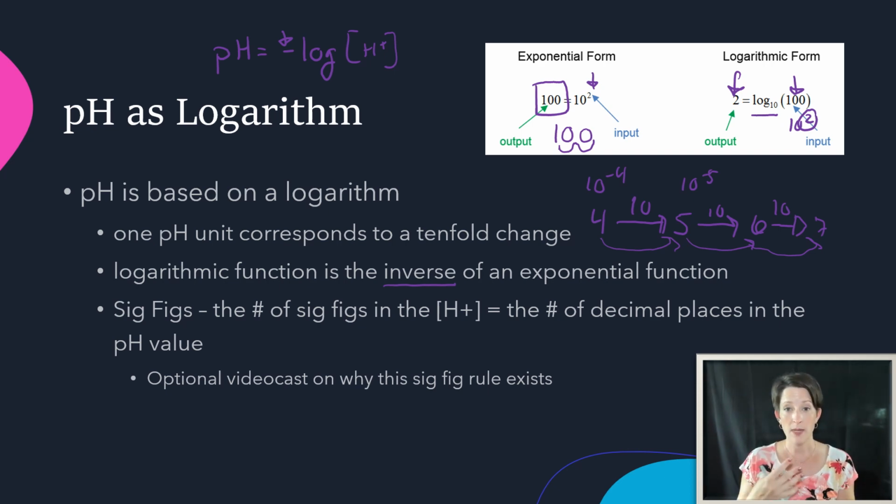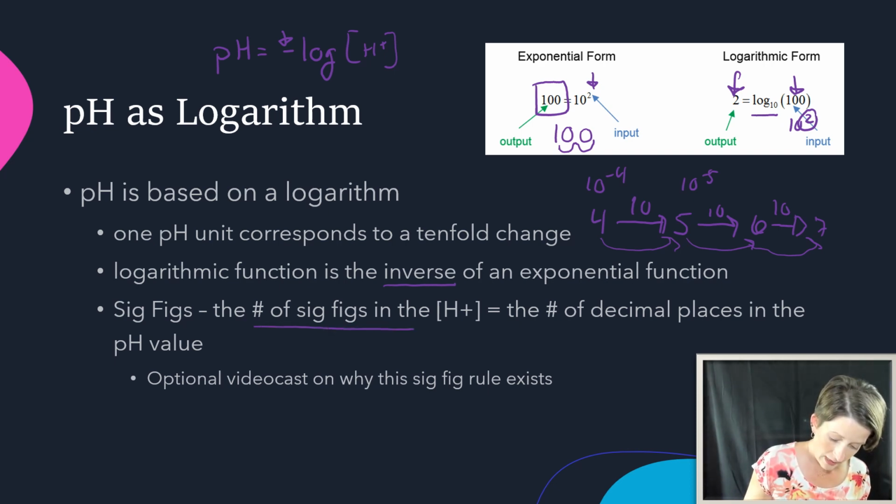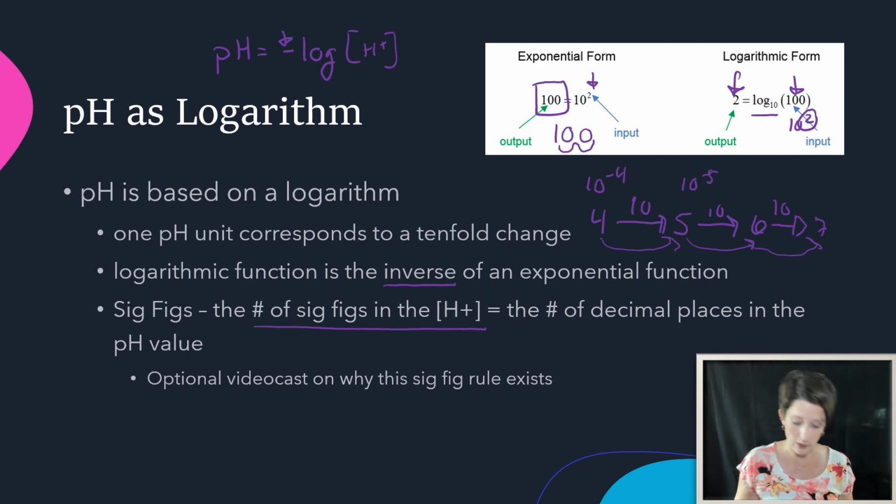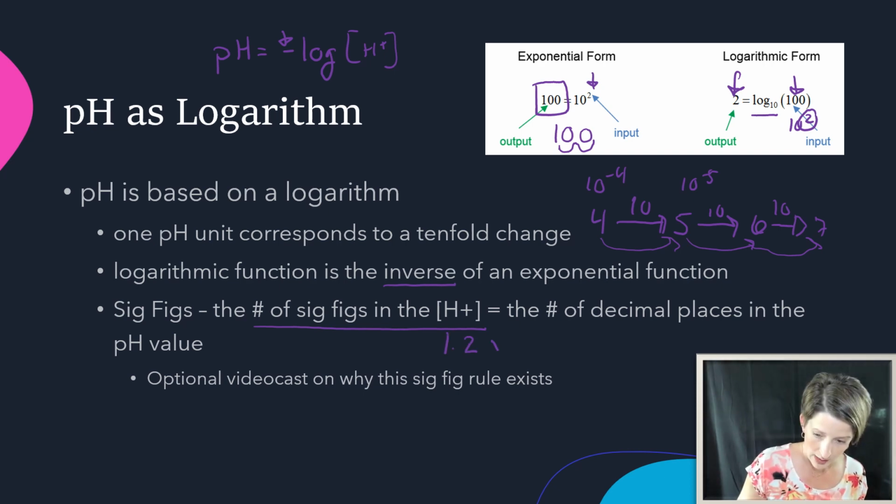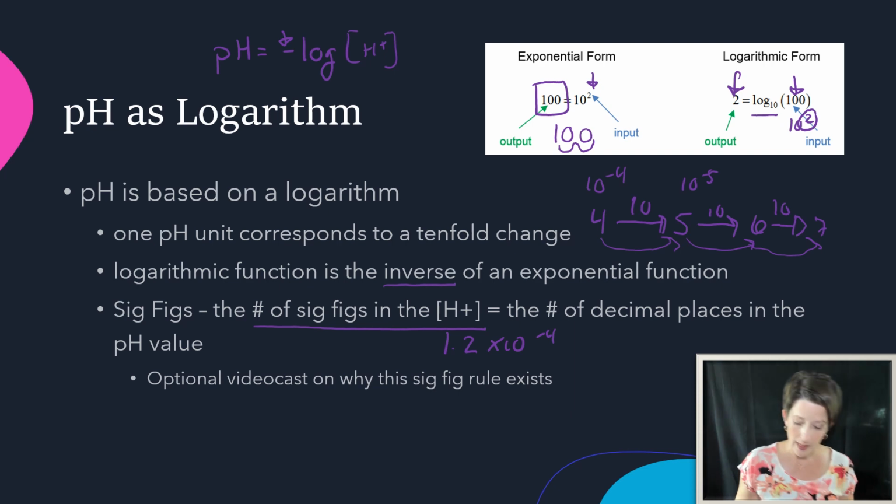As we go between pH and concentration, we have to watch our sig figs. But because it's a logarithmic scale, sig figs rules are slightly different. So the number of sig figs in the concentration, so if we have 1.2 times 10 to the negative 4, that is going to equal the number of decimal places in the pH value.